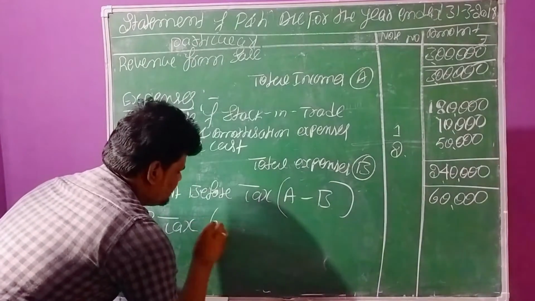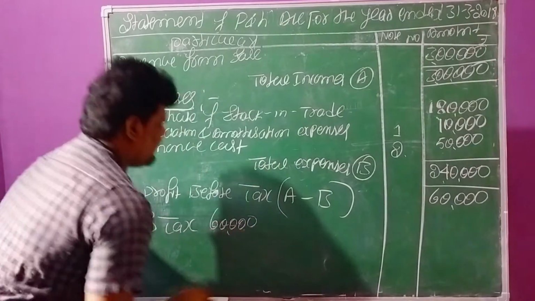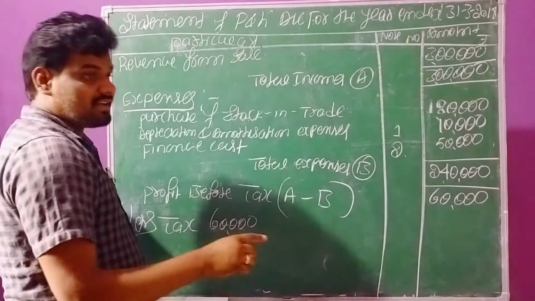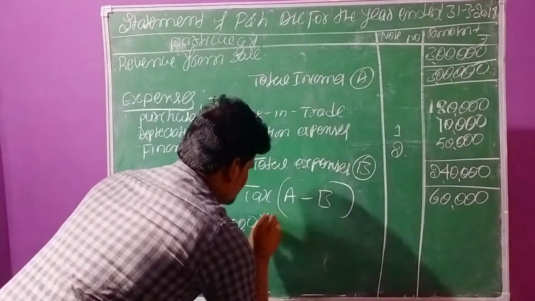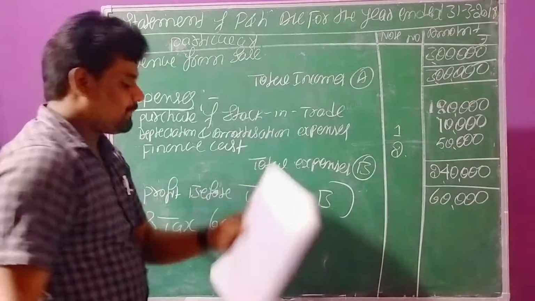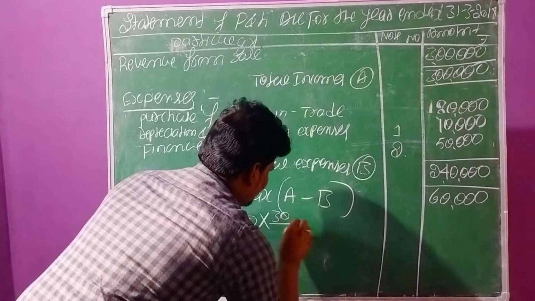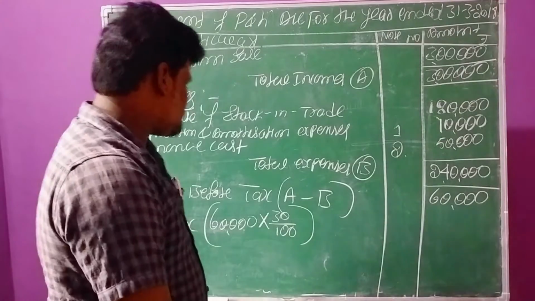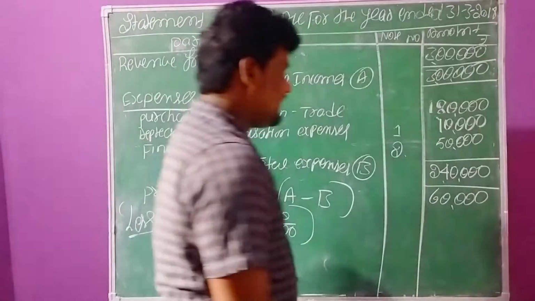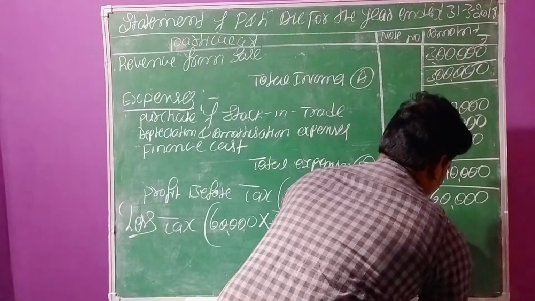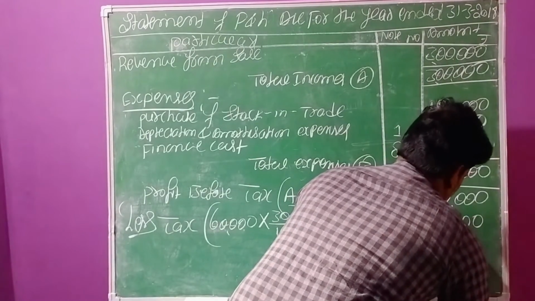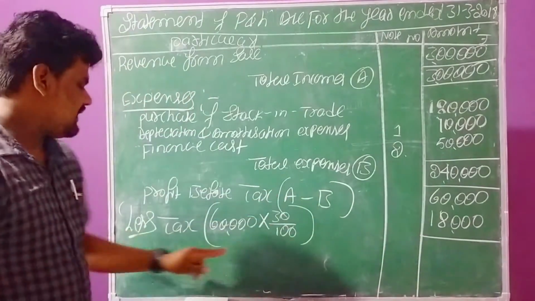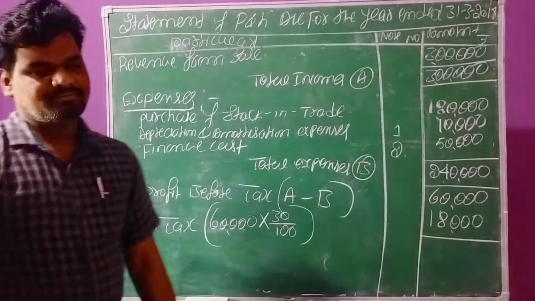The tax is calculated on the profit before tax amount we ascertained, 60,000 into the tax rate of 30%. 60,000 into 30 divided by 100, you will get 18,000 rupees. This is the total tax during the year.